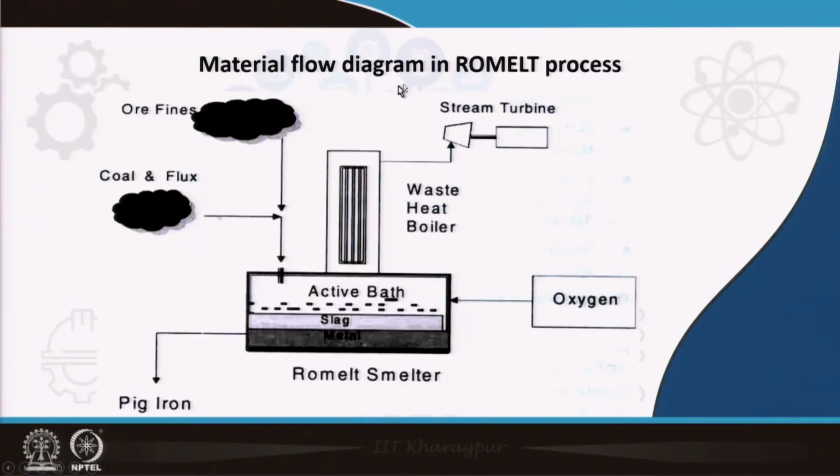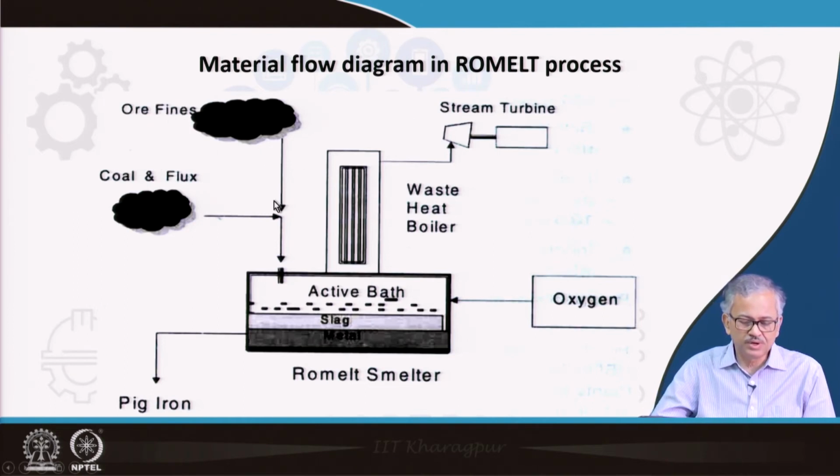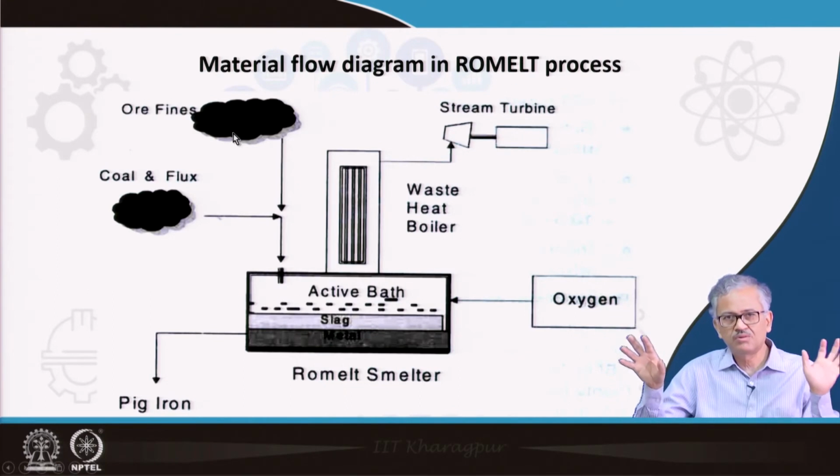So, this is the material flow diagram in the Romelt process. You can directly feed the ore fines and the coal fines into the reactor, and you push the oxygen. This is the reactor. In a single reactor you just dump everything, and it is not only the ore fines. In the case of Romelt, you can use any kind of iron bearing waste material.